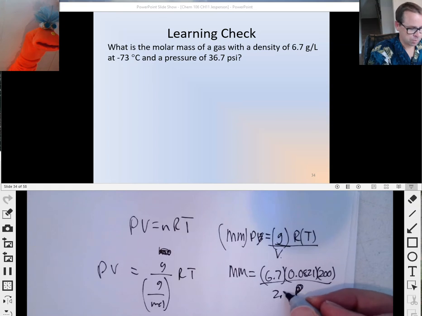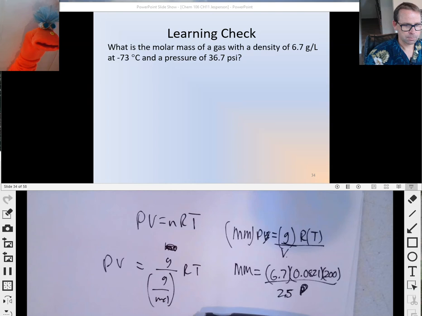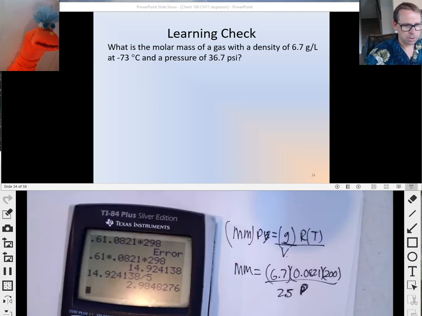To convert from pounds force per square inch to standard atmospheres, divide the unit of pressure by 14.7. Got it. All right, so that's 2.5.